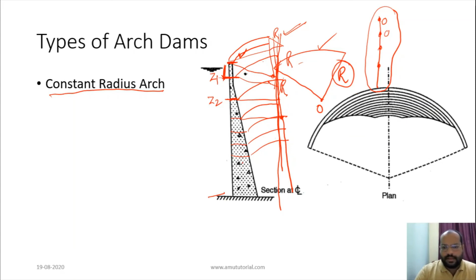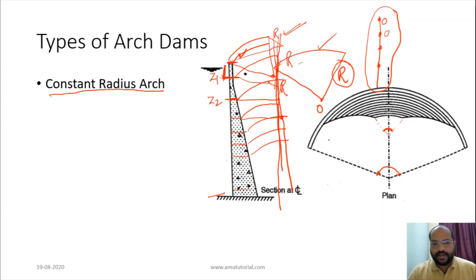Also, in order to vary the thickness of this section, the central angle will change. As you can see here, the central angle of the topmost arch is from here to here, and the central angle of this arch is from here to here.